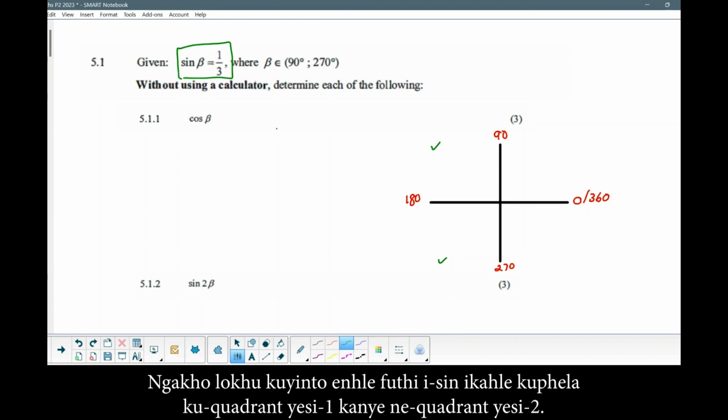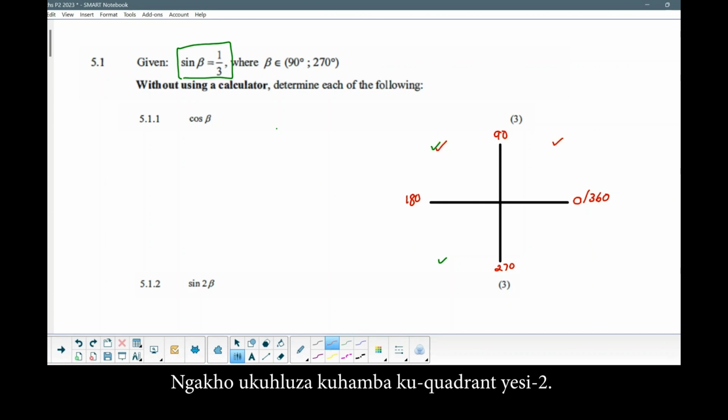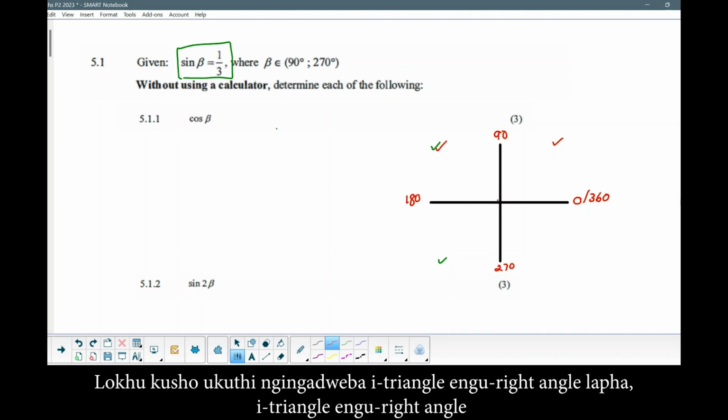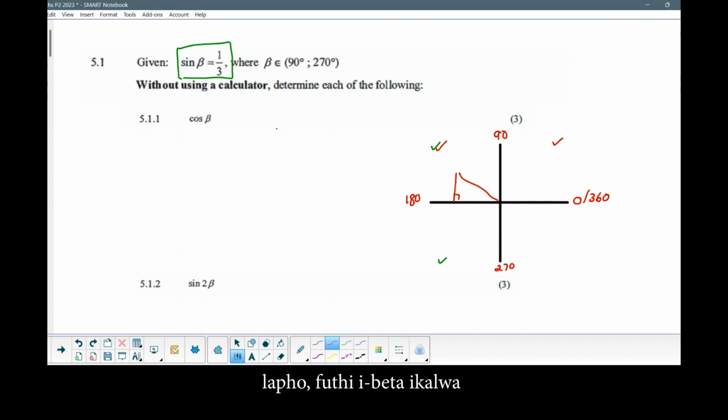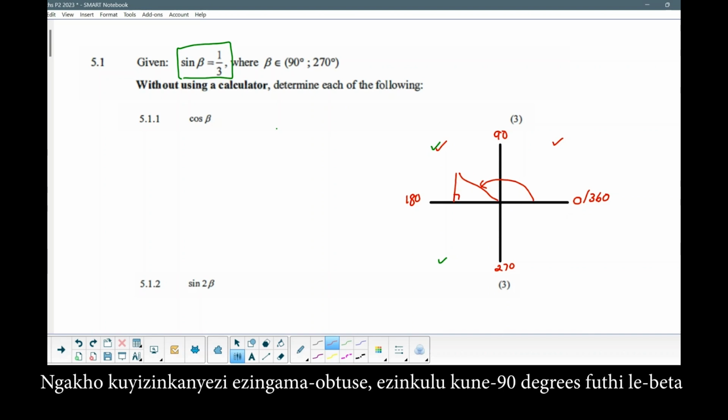So that's a positive. And sine is only positive in quadrant 1 and quadrant 2. So the overlap is actually occurring in quadrant 2. That means I can draw my right angle triangle here, right angle triangle there, and beta is measured from 0 to the second quadrant. So it's an angle that is obtuse, it's greater than 90 degrees, and that's my beta.